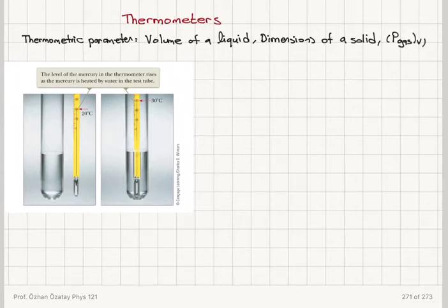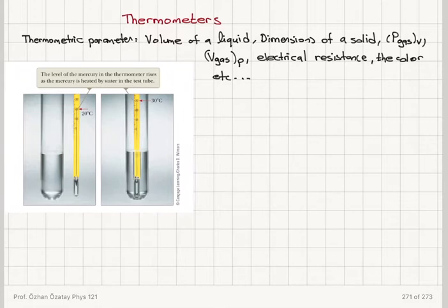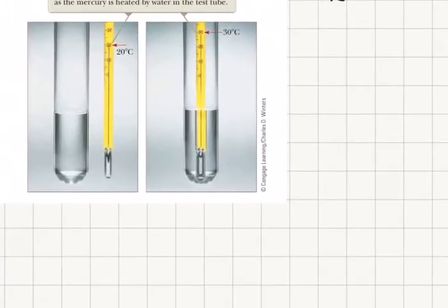It can be another physical property: pressure of a gas under constant volume, or volume of a gas under constant pressure. Electrical resistance varies with temperature, so we can use that. Sometimes the color of an object varies with temperature, etc. So there are many physical properties we can use as a thermometric parameter that varies with temperature in a nice way. So here's one example.